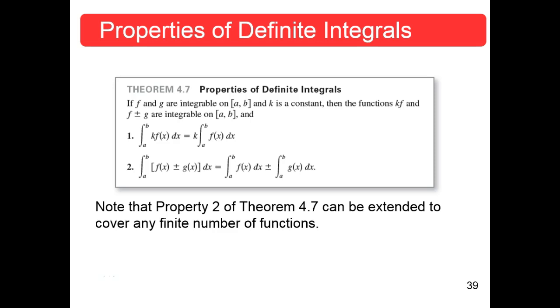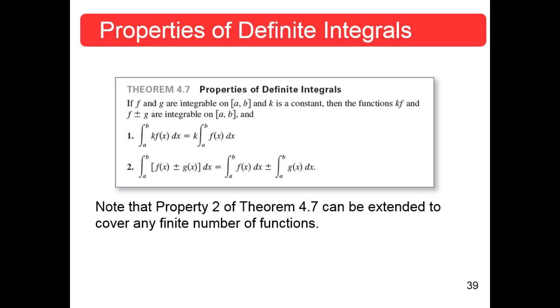All right, that leads to theorem 4.7. If f and g are both integrable on a to b, and k is a constant, then the functions kf and f plus or minus g, both of these are functions, they're both integrable on a to b. These are your linearity theorem, you know, this means that integration is a linear operation.